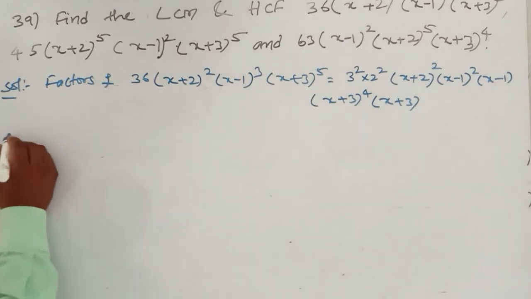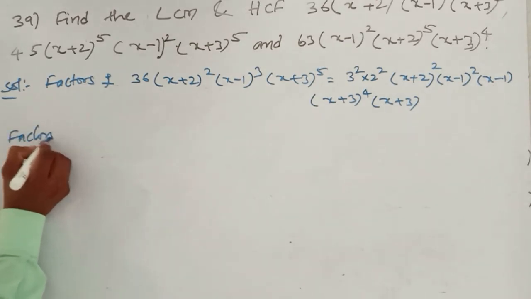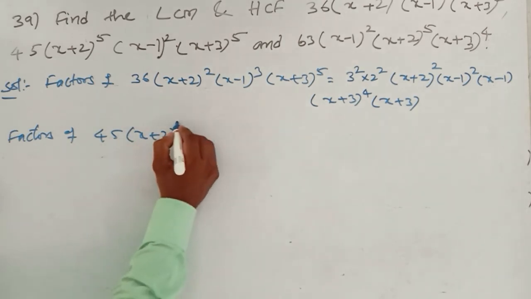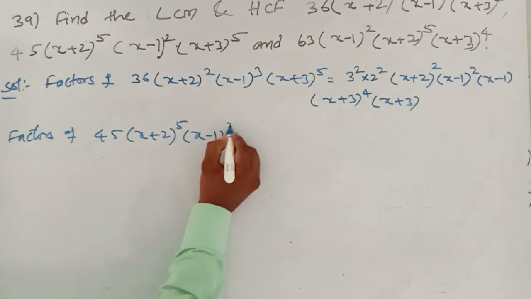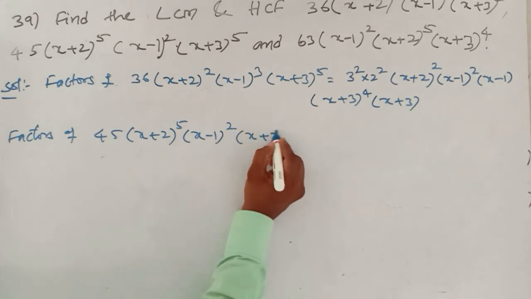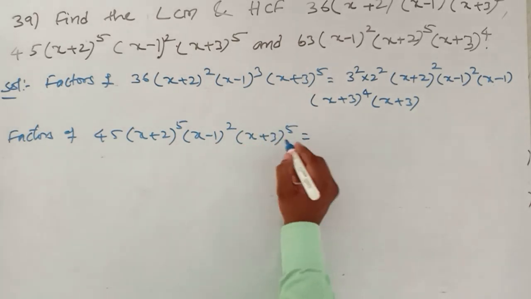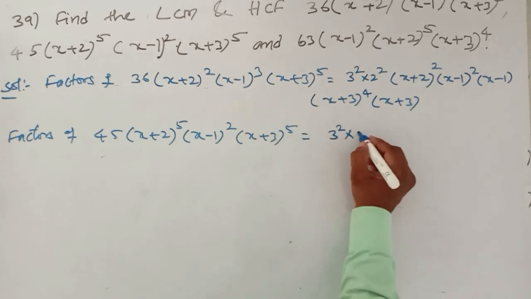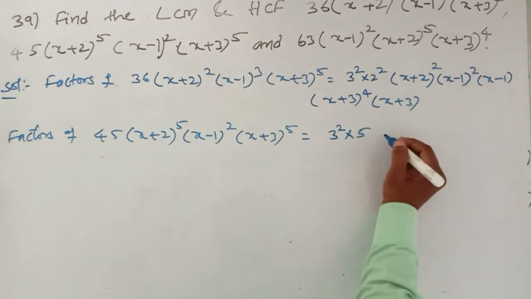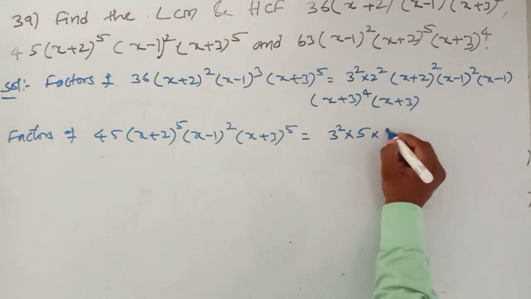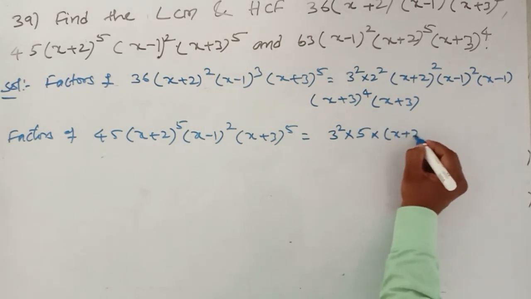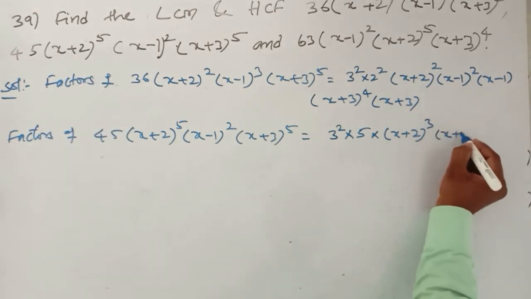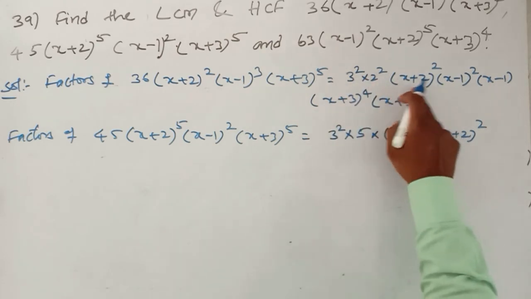In the same way, the factors of 45 into (x+2)^5 into (x-1)^2 into (x+3)^5 is equal to 45, 3 square into 5, remaining will be into (x+2)^3 into (x+2)^2, because (x+2)^2 is the highest here.